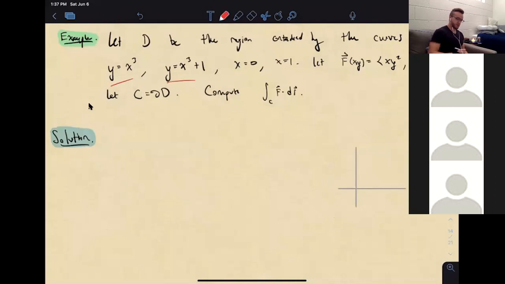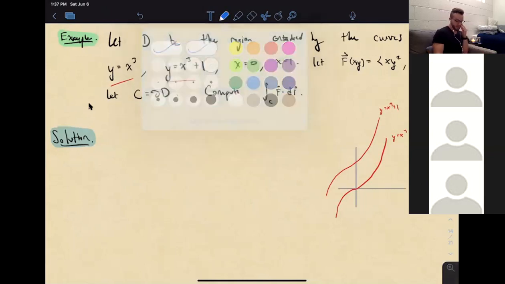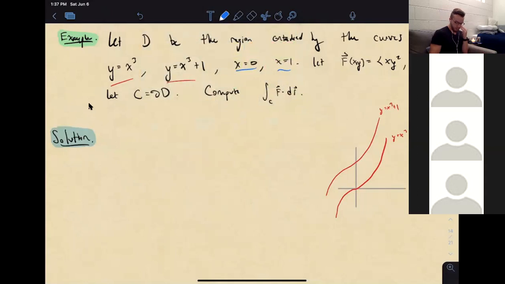Let me do it this way. These two curves maybe in red, so x cubed would look like that. X cubed plus 1 would sort of look like that. And then maybe in blue, x equals 0, x equals 1.